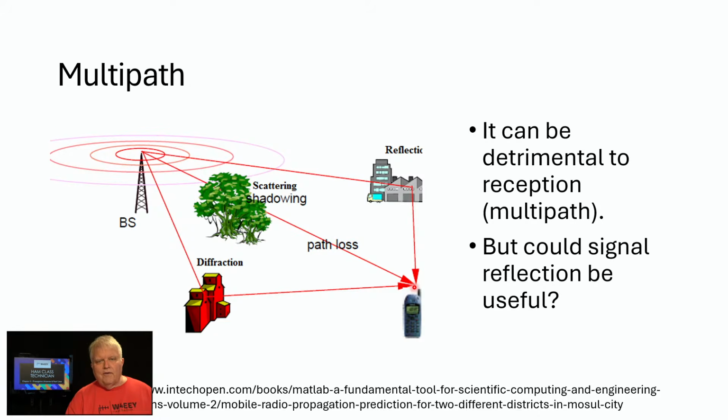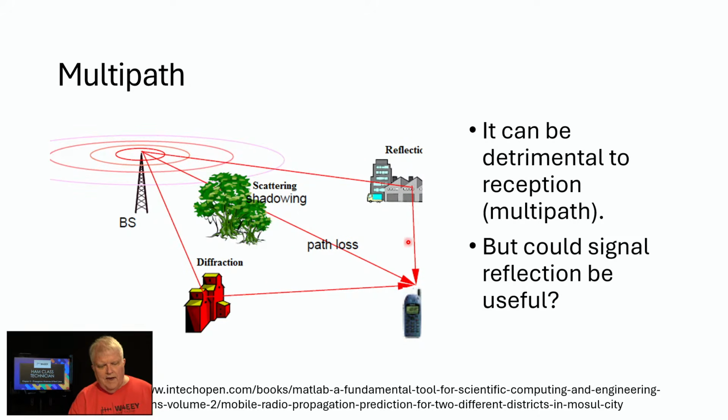Another way that the signal might be coming to our little radio is through reflection. The radio wave comes from the antenna, is reflected off of a flat surface on a building here, and comes into the radio. Another, we talked about knife edge diffraction. If it comes in here and there's a sharp edge, it can be diffracted around that and into the radio.